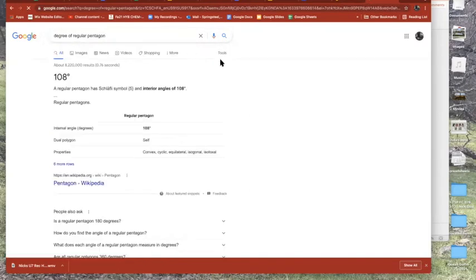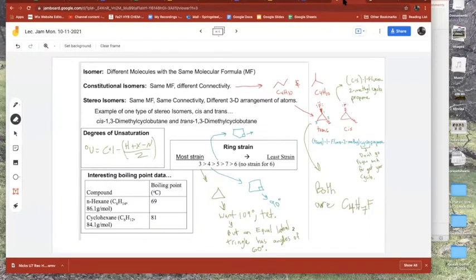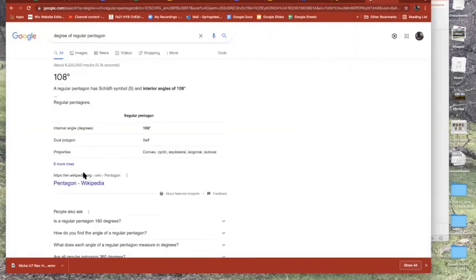What am I doing? 108 degrees. So it's getting pretty close, huh? All right. There's more to it than that angle, though. We'll see. I wonder where the 108 comes from.